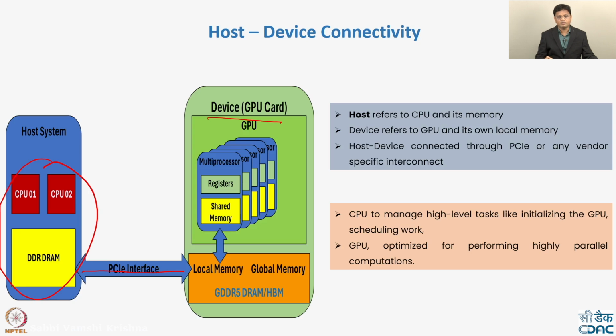So, we always have to remember whenever we are working on a heterogeneous compute node where CPU and GPU both are available, the CPU is always known as the host system and the GPU is always called the device.